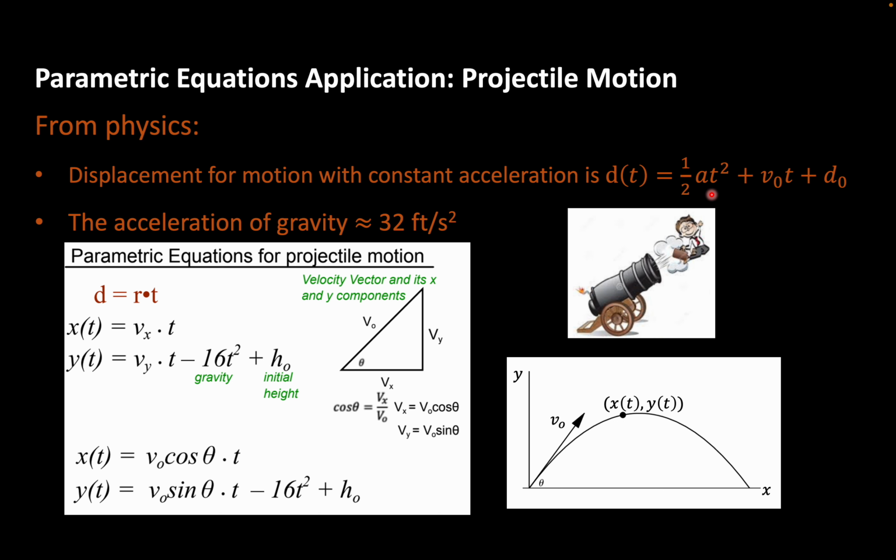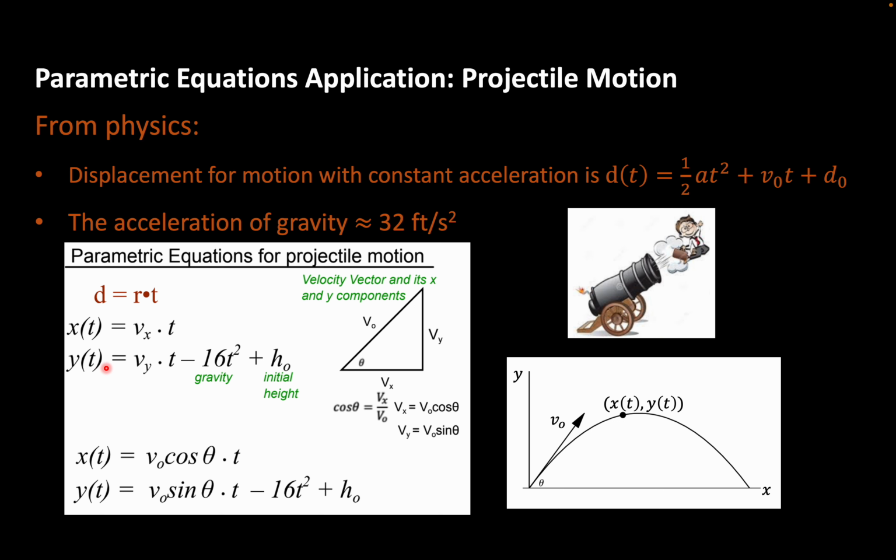So the equations that we will be working with to describe projectile motion parametrically: your basic displacement is the rate or velocity of the motion, multiplied by time. And we can represent that separately in the x and y direction. So in the x direction, the horizontal displacement is simply the velocity in the x direction multiplied by the time.